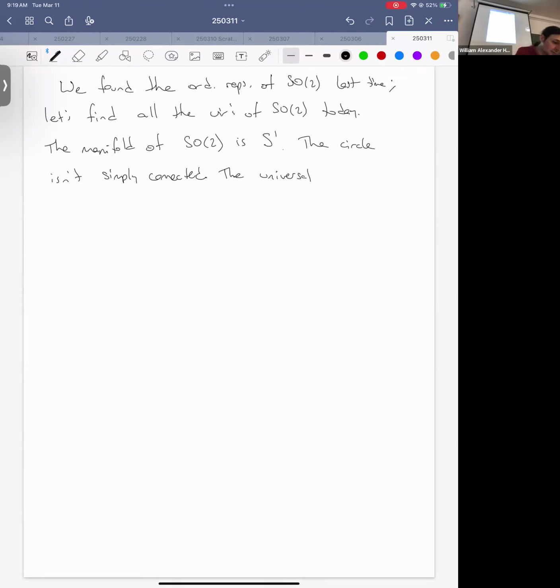All right, so the universal cover of SO2 is T1, the group of spatial translations in 1D. Let's say spatial translations on R.